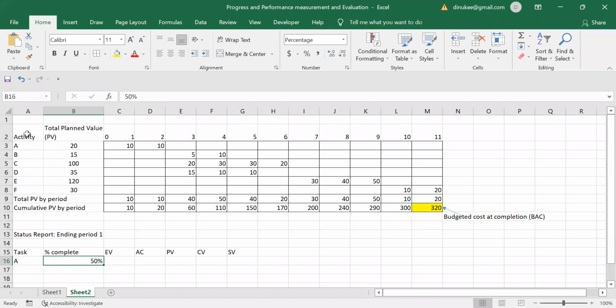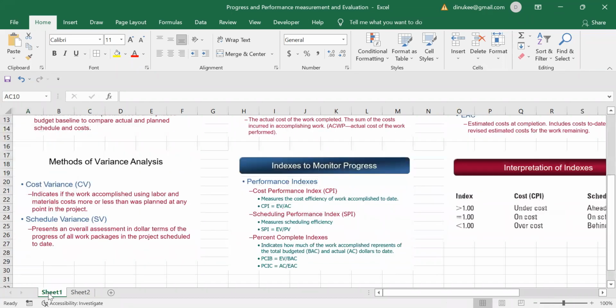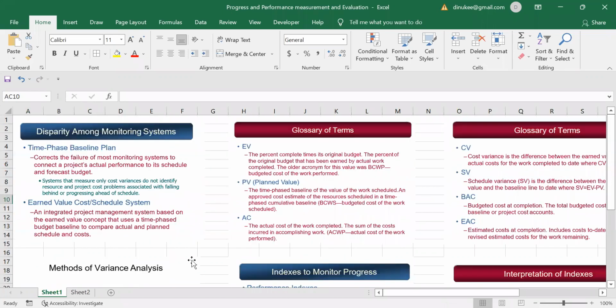You will be given several activities that this project is going to perform, and then the total plan value, how much total plan value there is. So let's see what is the meaning of plan value. Plan value means the time phase baseline of the value of the work schedule. So they have given several time phases, several timelines, right?